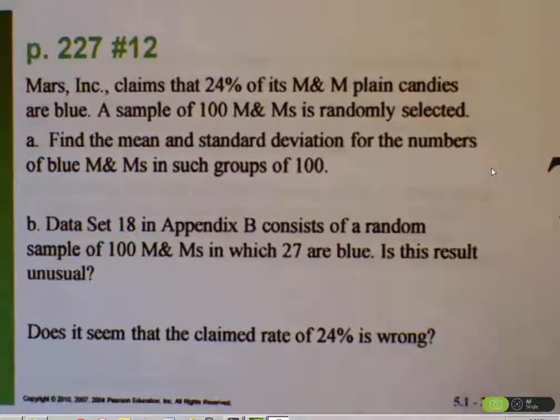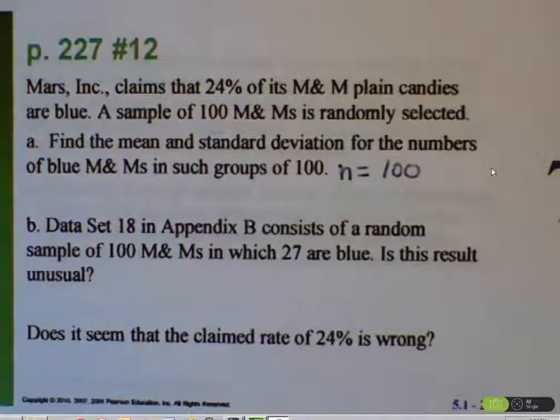Mars Inc. claims that 24% of its M&M plain candies are blue. A sample of M&Ms is randomly selected. Find the mean and the standard deviation for the numbers of blue M&Ms in such groups of 100.